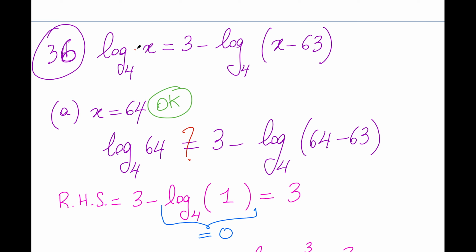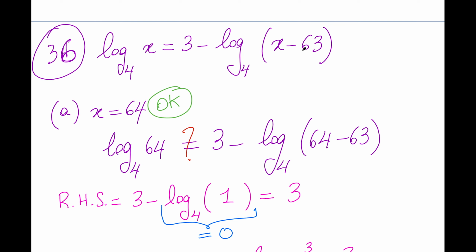We don't even need to check the rest, because this is nonsense. It doesn't make sense, because log base 4 doesn't act on numbers that are 0 or less. It only operates on positive numbers. Remember the domain of the log base a function? It only operates on inputs that are positive. So this is not meaningful.